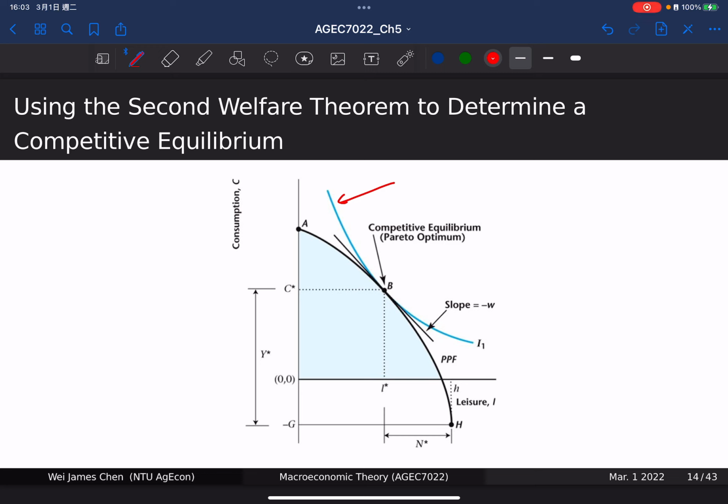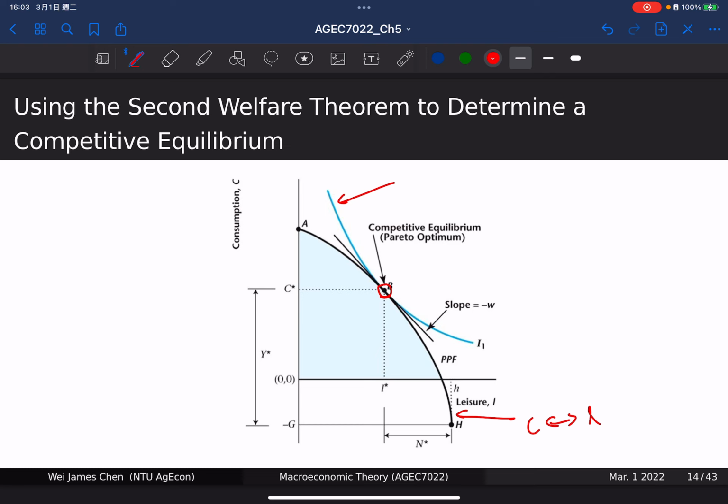Also this relationship between C and L comes from the production function, also exogenous. So based on these two exogenous things, you can actually solve for this point B.